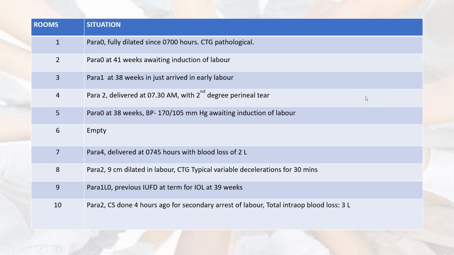Room number 7, the patient was delivered 15 minutes back and she has a blood loss of 2 liters. So it is an obstetrical emergency as this is a case of primary PPH. I will call for help and involve the consultant as well as the anesthetist, and involve the hematologist and the blood bank, and arrange the blood and group and save.